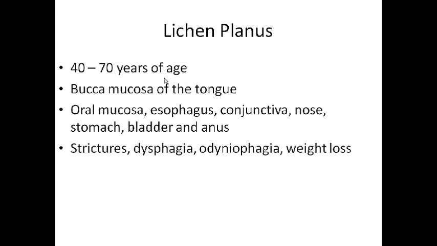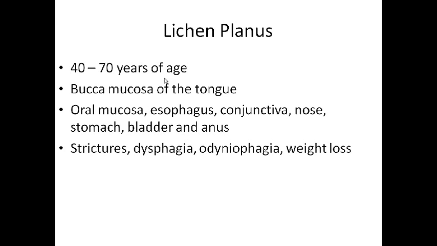Skin disorders involve the esophagus. Lichen planus is a very chronic disorder that is caused a lot of times by sensitivity to certain allergens, but can cause the buccal mucosa to be white and to have a thick tissue to it.